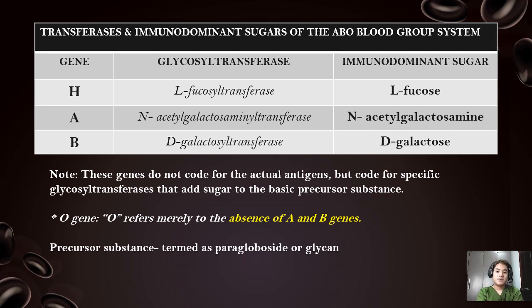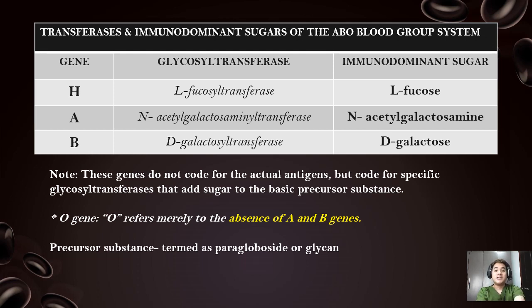The same concept actually goes with the other two of your genes. So the A gene codes for the production of N-acetylgalactosaminyl transferase that will transfer the N-acetylgalactosamine sugar molecule to the H substance. The immunodominant sugar formed is now N-acetylgalactosamine.